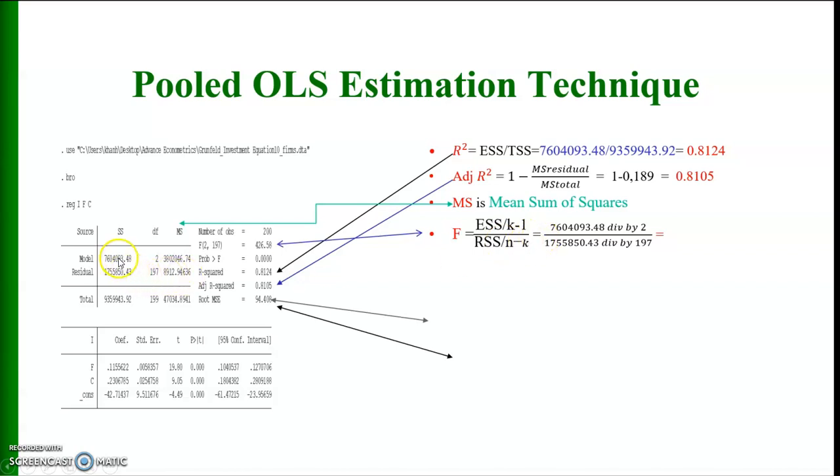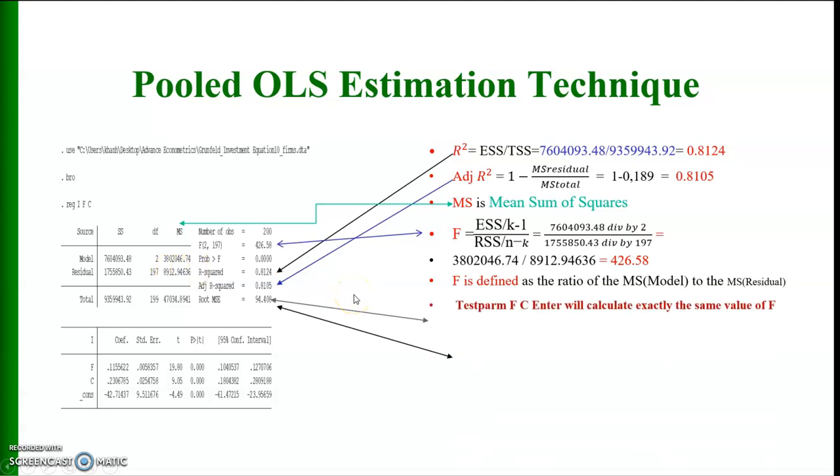So this divided by this is this, and this divided by this is this, and that is finally equal to 426.58. So we have exactly the same value if you use this formula. F is defined as the ratio of the MS of the model to the MS of the residual. So MS of the model is this, and MS of the residual is this. If you divide this by this, we get this F value.